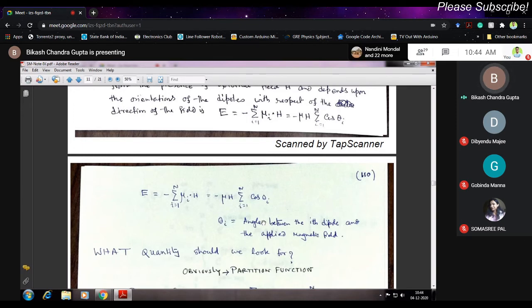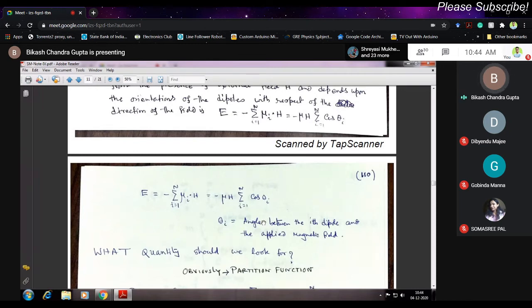When you are talking about a magnetic system, you have to see the variation of the magnetic properties of the system with respect to external parameters like temperature or field. That is what you would like to understand. For that, we are adopting the canonical method to understand the system.